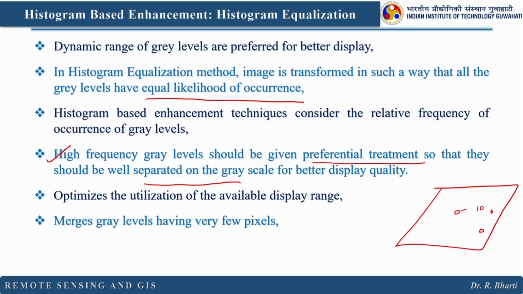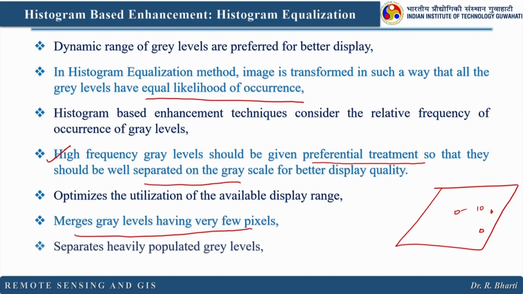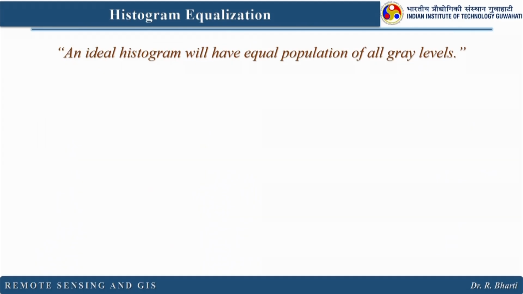So, what happens here? It merges the gray labels having very few pixels and separates heavily populated gray labels. That is very important, because it is doing the high frequency gray label separation. An ideal histogram will have equal population of all gray labels.